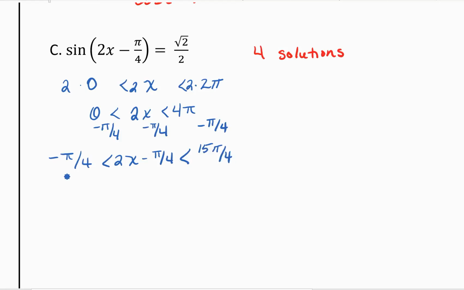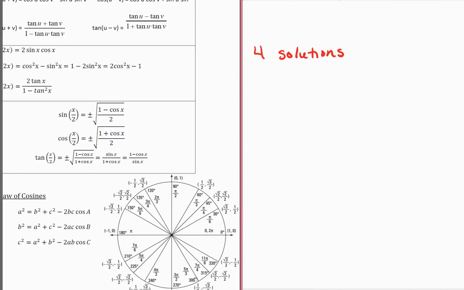So this is where we're going to look, between negative pi over 4 and 15 pi over 4. This is going negative by 45 degrees, and this is almost going 4 times around the circle. So really we're starting here, which would be negative pi over 4, and going around.